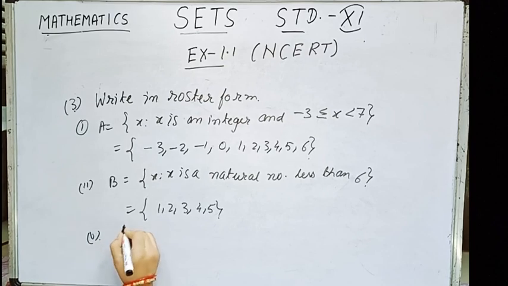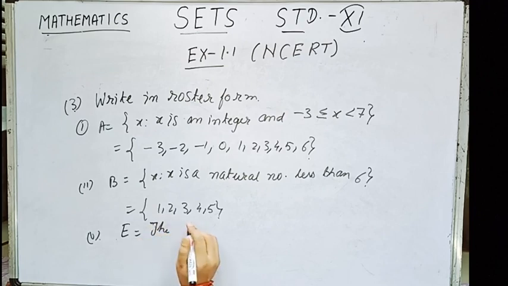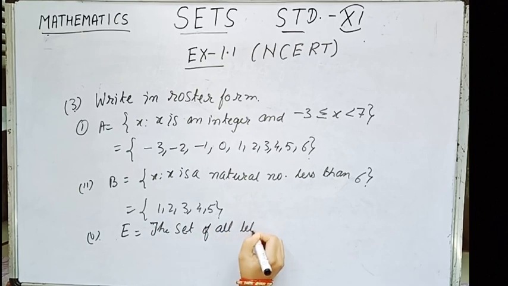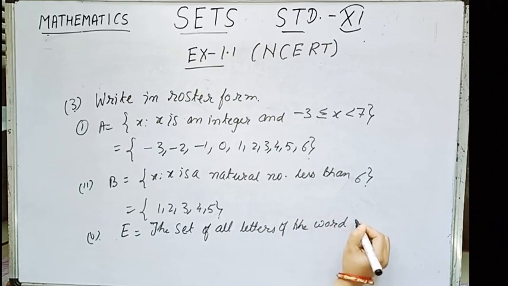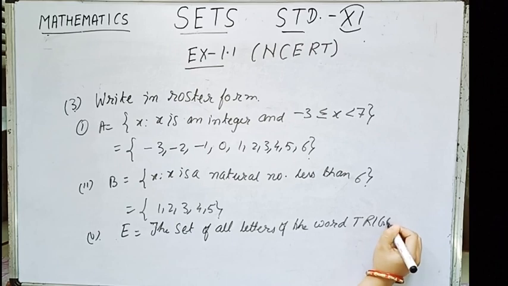Subpart number 5, E is the set of all letters of the word trigonometry.